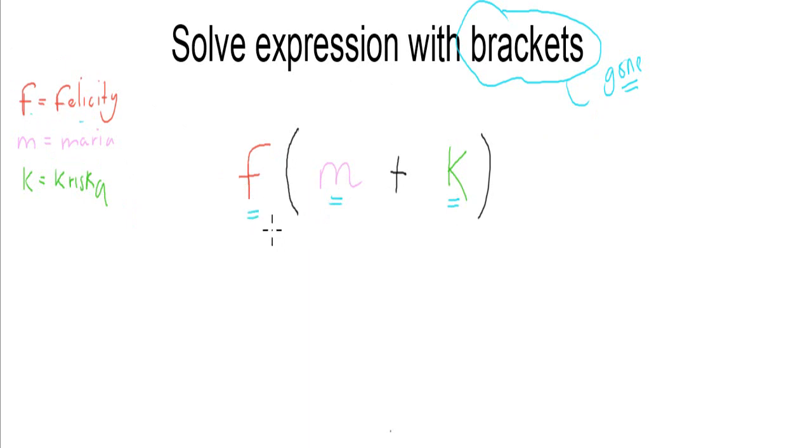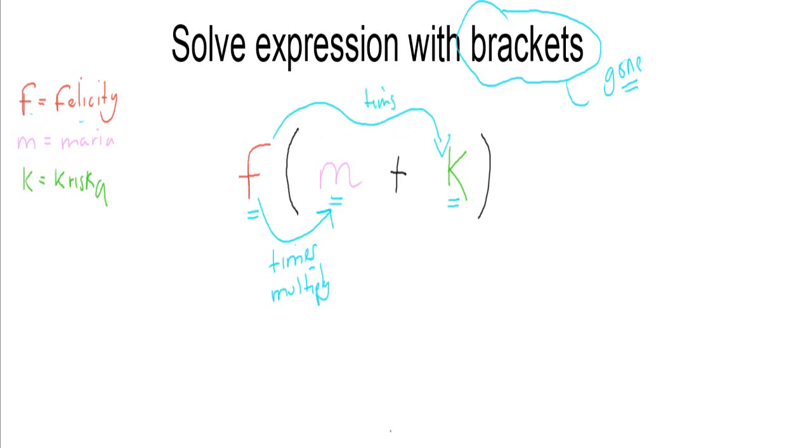She has to decide who she wants to spend time with, and because they're both really good friends, she wants to spend time with both Maria and Kriska. So Felicity is going to spend time, as in times, which is another word for multiply, with Maria, plus she's also going to spend time with Kriska.